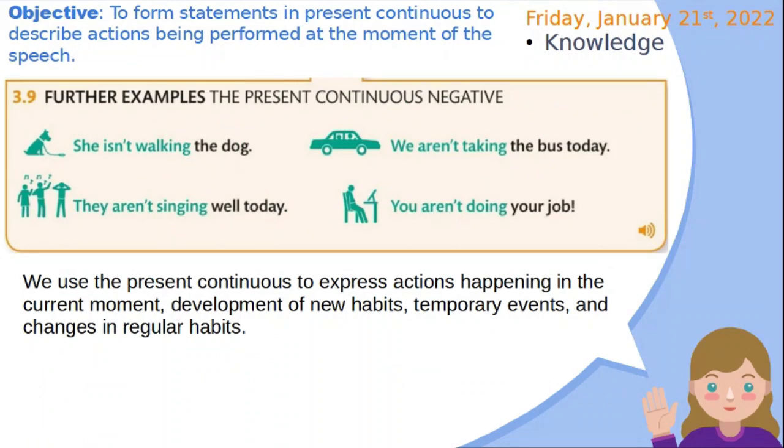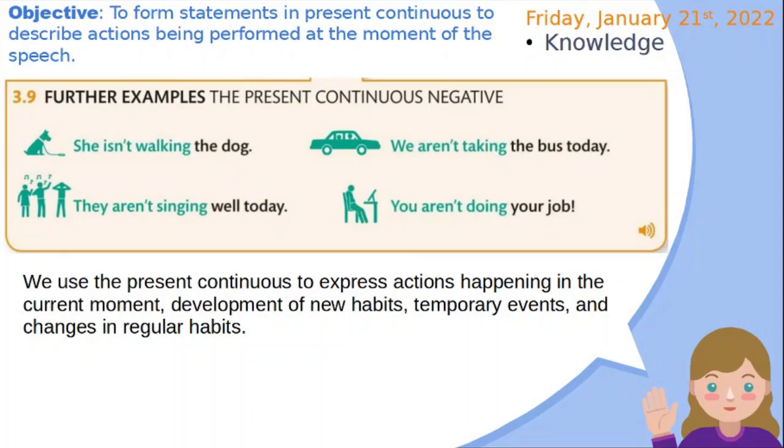Here we have subject, negative form of to be, and then the present participle. She isn't walking the dog. Next, subject, negative form of to be, and the present participle. They aren't singing well today.